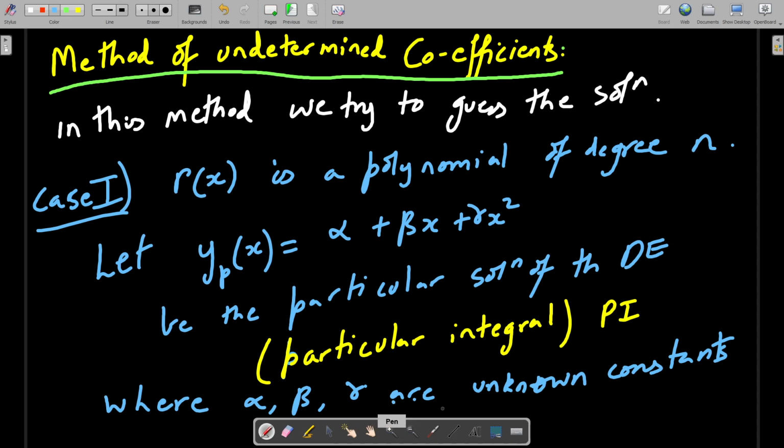Where alpha, beta, gamma are unknown constants which we have to find.